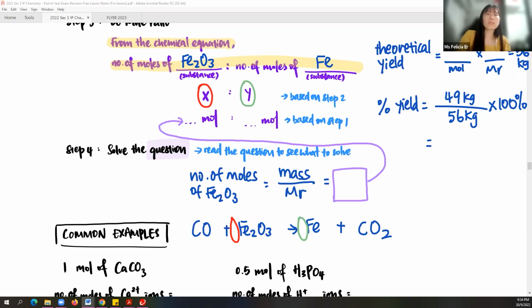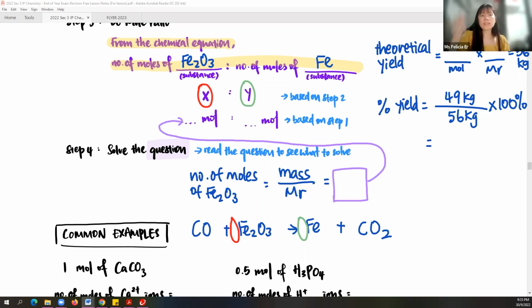Or maybe to make it convenient for you, I shall flash it on the screen soon. But anyway, once you are done and you manage to get an answer for this MCQ, can you click the raise hand button to let me know? So once you solve question number 3, percentage yield, raise hand.